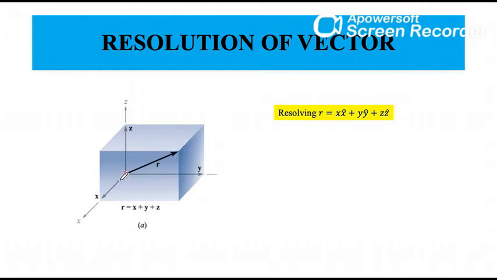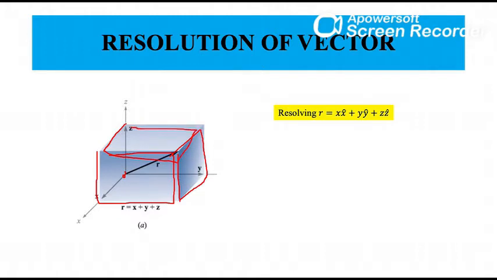So in this particular case, I have a vector r which is called a position vector, and this position vector has its origin at 0 and it terminates at some point which is the intersection of these 3 planes. So this plane that you are seeing here in front is where x is constant, this plane is where y is constant, and this is the plane where z is constant.